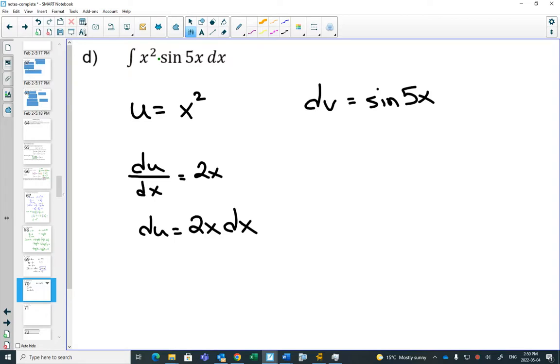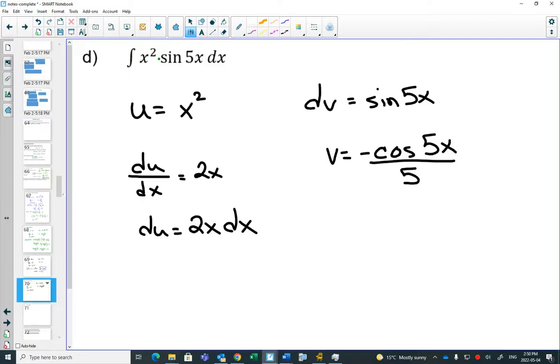Okay? And we can integrate this. Integral will be positive or negative cos? Negative cos 5x, and because of a chain rule, we have to undo the chain rule, so we need to divide by 5.